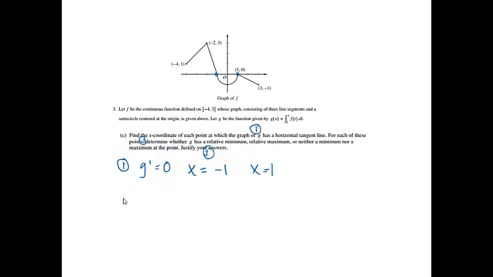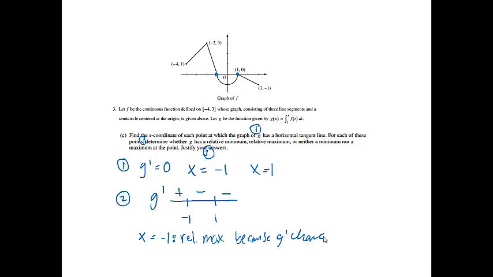The next thing I need to do is decide whether they are minimums or maximums. So I'm going to make myself a g prime chart, which we just get to look at f, looking at above and below. So we are above the x-axis till I get to -1, and then we are below the x-axis till I get to 1, and then we are still below after 1. So at x equals -1, there is a relative max, and that is because g prime changes from positive to negative.